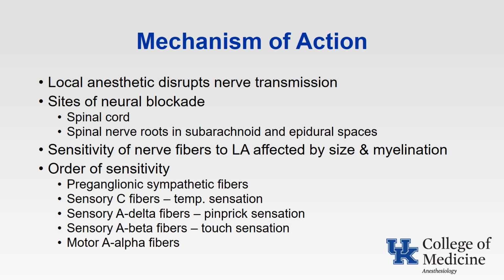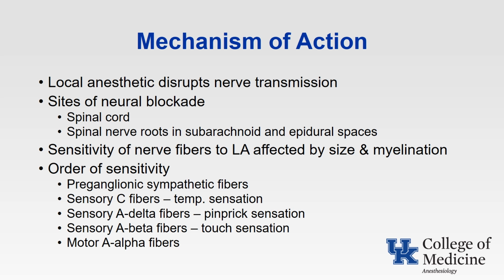Now, it's important to understand there are different types of nerve fibers, and their sensitivity to the local anesthetic that you inject varies based on the size and the myelination of those fibers. So, it's important to understand the order of sensitivity. Your preganglionic sympathetic fibers are most sensitive to local anesthetic, followed by the sensory C fibers, which essentially provide temperature sensation.